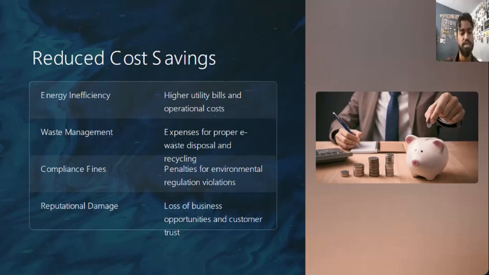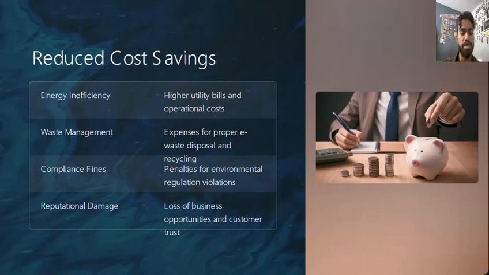Reduced cost savings: energy inefficiency can lead to higher utility bills and operational costs, which can also be a barrier for cost savings. Waste management: expenses for proper e-waste disposal and recycling.